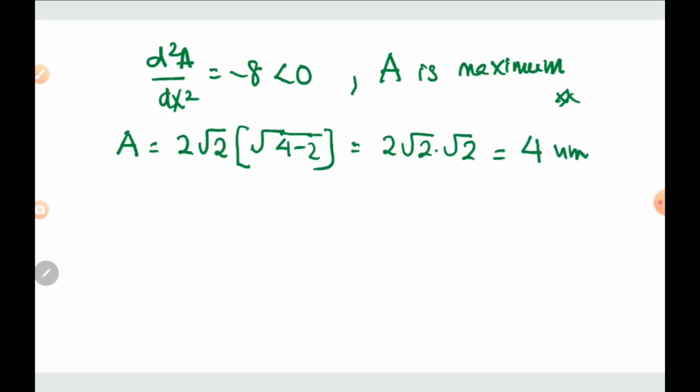Okay, so 4 unit squared. This is the maximum area.